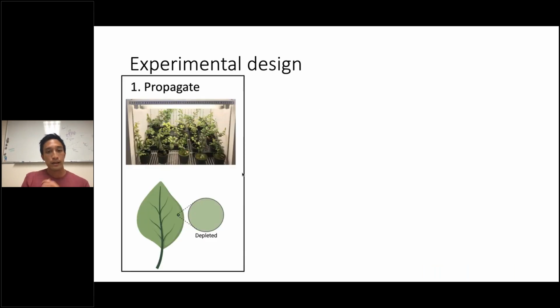Once we had this library of fungal taxa, we created a standard experimental design that included the propagation of the plants. OANRP was really helpful for helping us start these plants and giving us a lot of good tips on how to grow them.